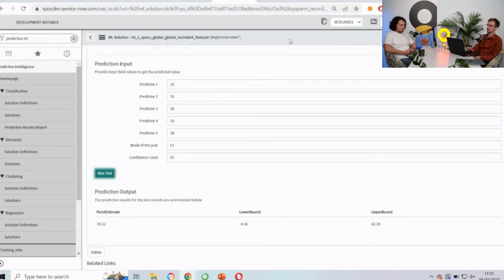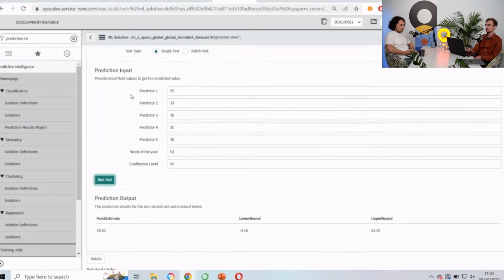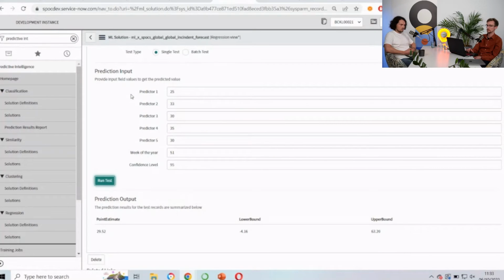As I mentioned, those solutions are here to give you more information to make decisions based on, not to dictate what to do exactly. You cannot just say that, based on the estimation, it will be 30 incidents and be certain of that, because you cannot predict with 100% accuracy.